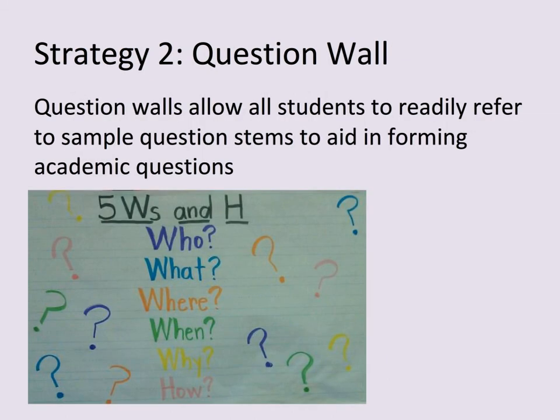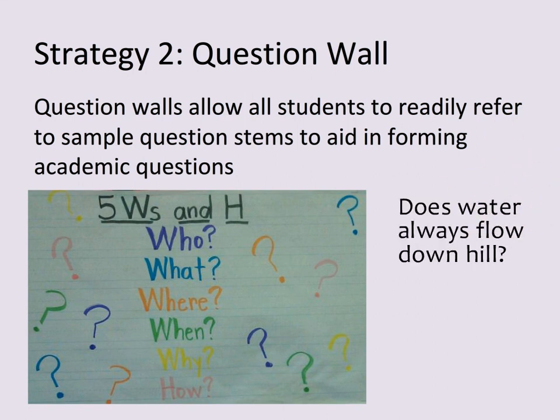Those who learn English as their first language are likely unaware of all the tricky syntax required to form questions in English. Take the statement, "Water always flows downhill," and try turning it into a question. If you said, "Does water always flow downhill?" note how naturally you added an auxiliary or helping verb and how you modified both the auxiliary verb do and the regular verb flow.